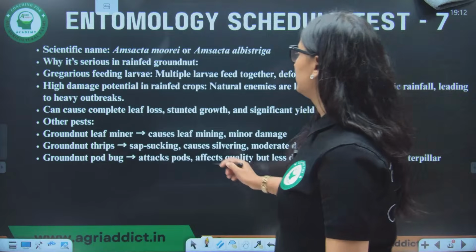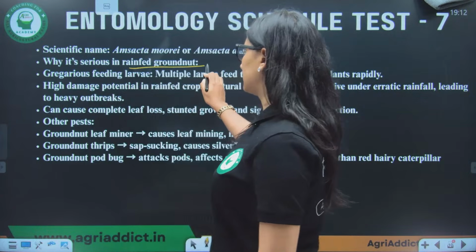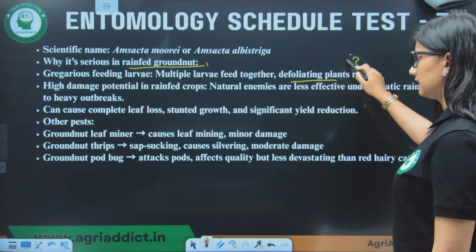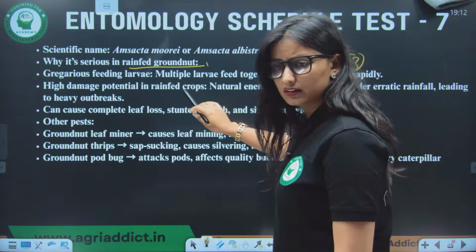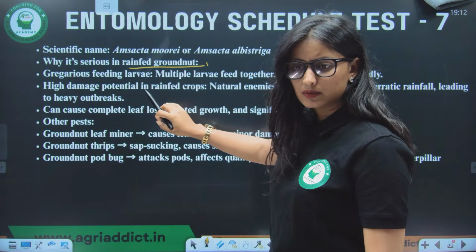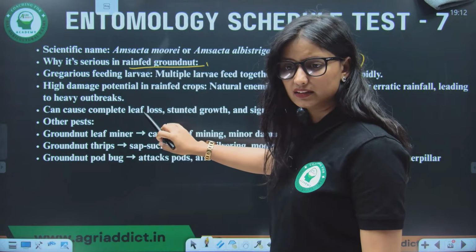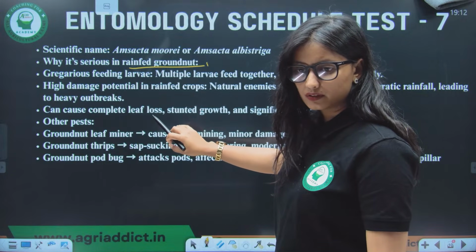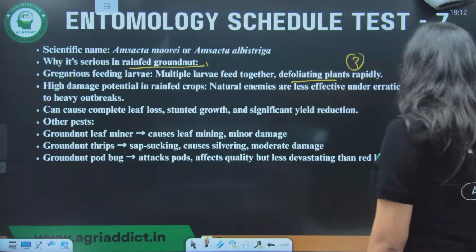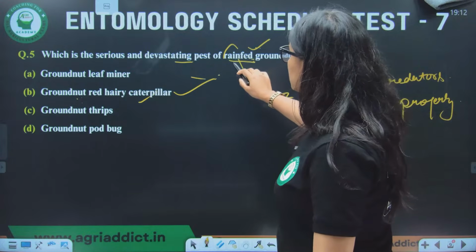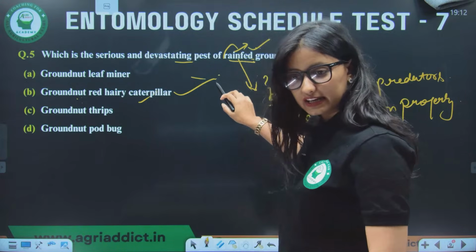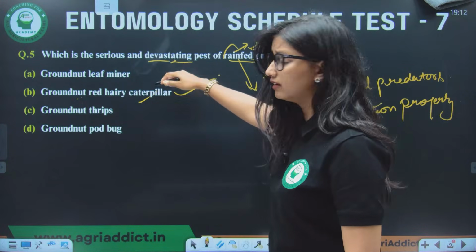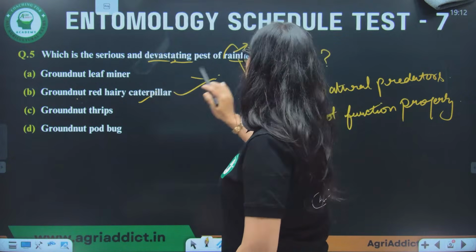So I have written here why it is serious in rain fed condition. I have given the reason that I mentioned earlier, that it's serious in Kharif season. Okay, but basically in Kharif season also, and in rain fed condition it is also devastating. This is one of the serious pests of groundnut.